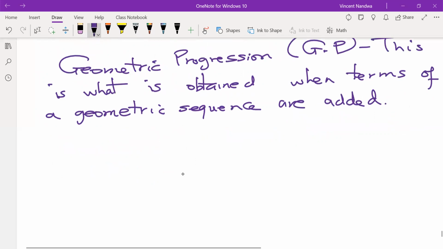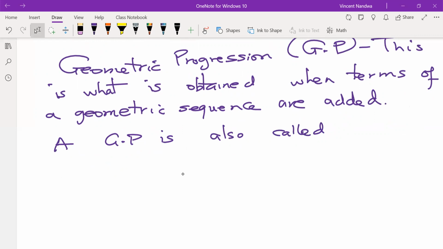A geometric progression, a GP, is also called a geometric series.